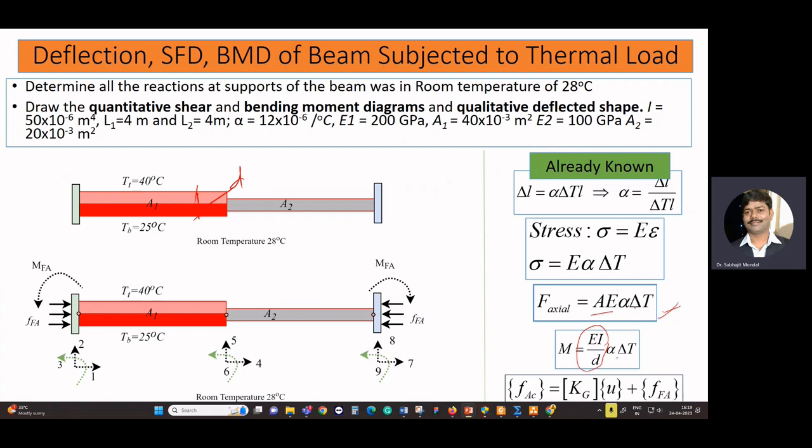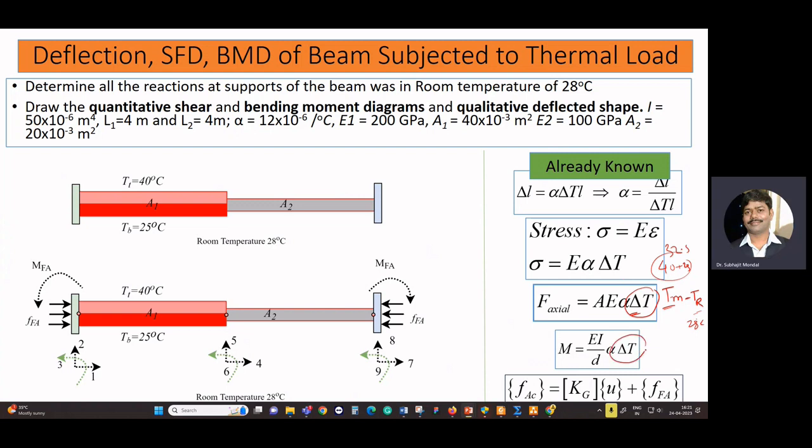Now here delta T for the axial case and delta T for the moment are defined. For the axial case, delta T is your average temperature, T mean, minus the room temperature. Here room temperature is 28 degrees Celsius and T mean is the mean of 40 degrees plus 25 degrees Celsius, that is equal to 32.5 degrees Celsius.